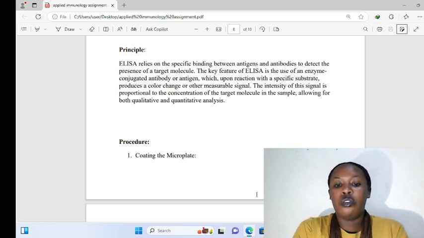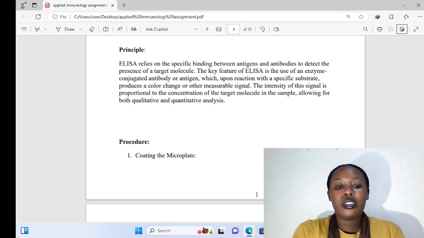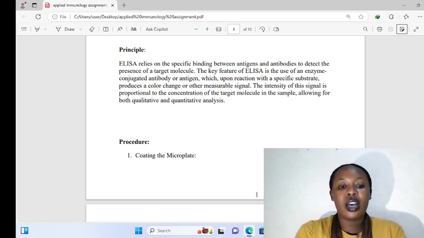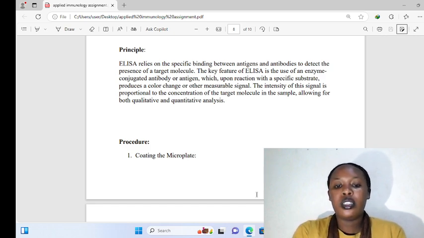The key feature of ELISA is the use of an enzyme-conjugated antibody, where we add an enzyme onto the antibody. The enzyme combined with the antibody is called the antibody conjugate, which upon reaction with a specific substrate, a chromogen, gives a color change or other measurable signal depending on the presence or absence of the target antibody or antigen.